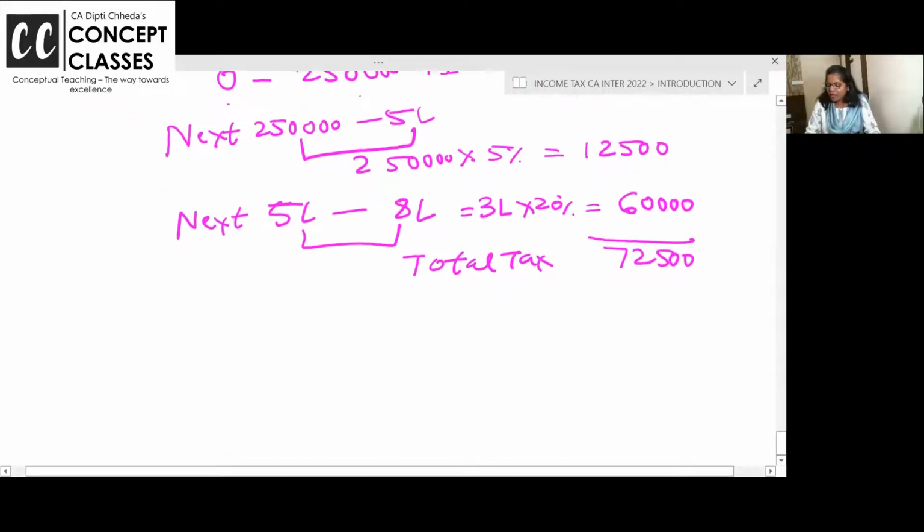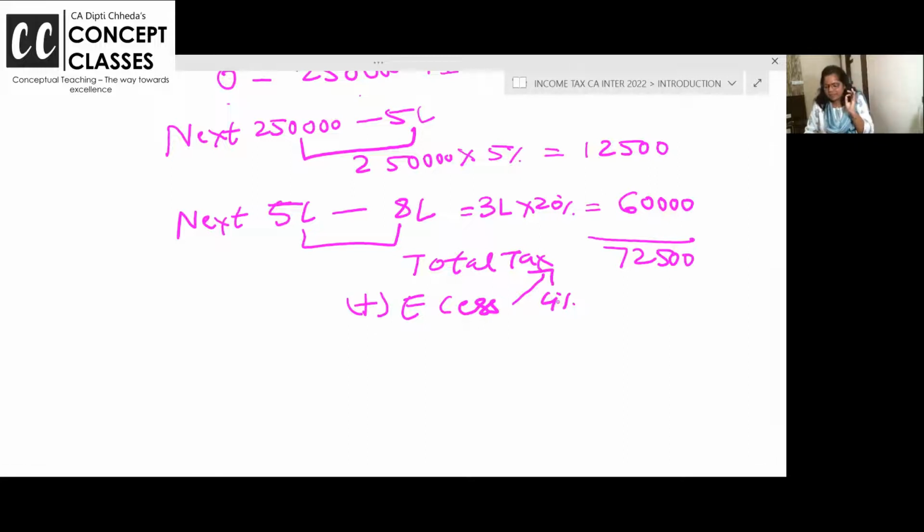72,500. Now here, crown on the head. Whatever tax you pay to government, on the total tax you have to pay education cess. Education cess is an additional tax on the tax. It is called E-cess, education cess.